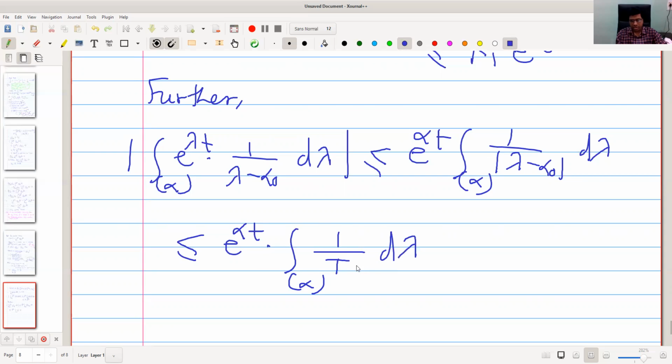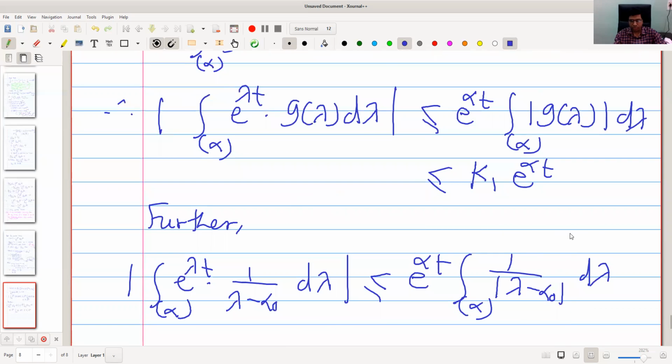Again, this is a bounded thing. In fact, it will be going to 0 because we are taking the limit as t tends to infinity. So we can, of course, write this is less equal k2 e raised to alpha t for some constant k2.